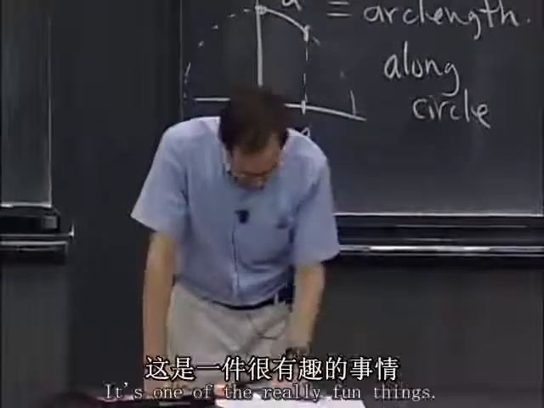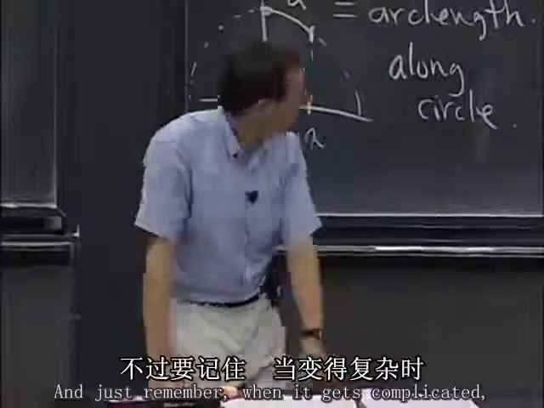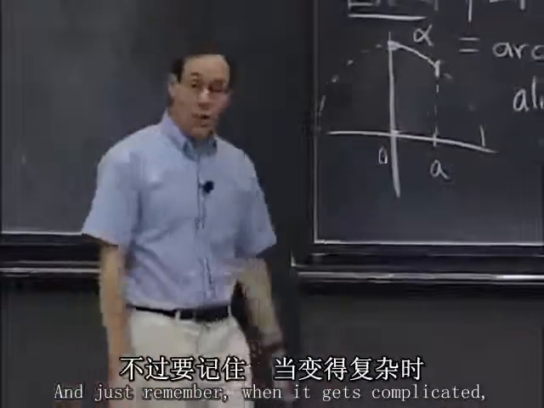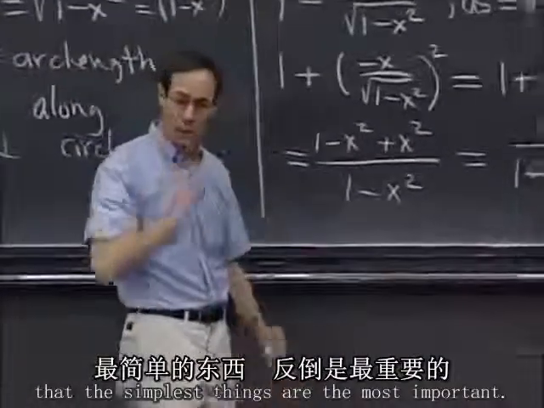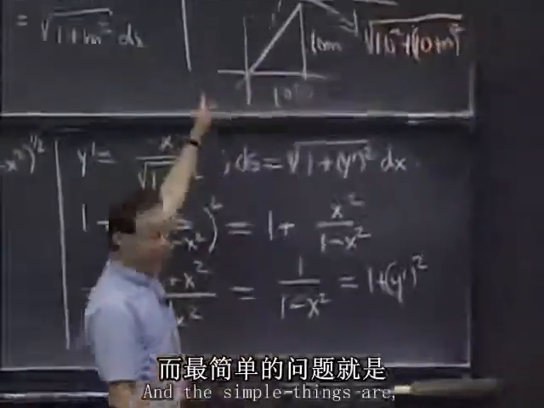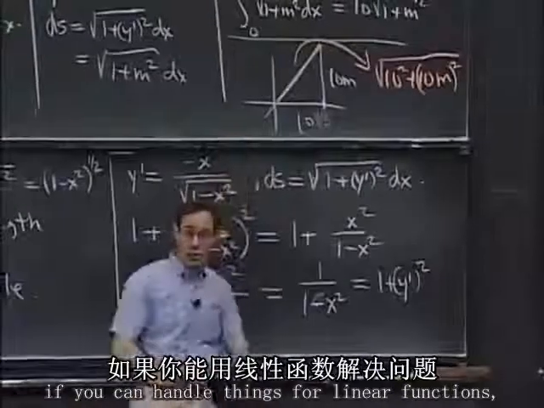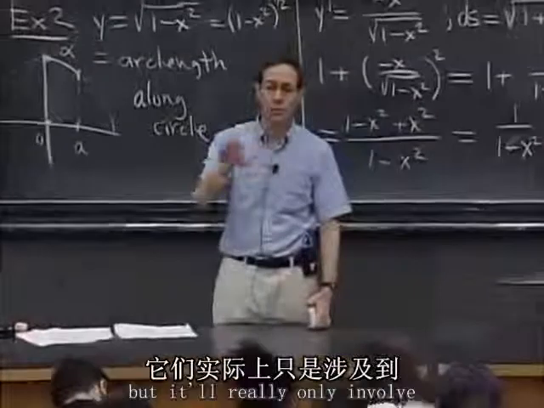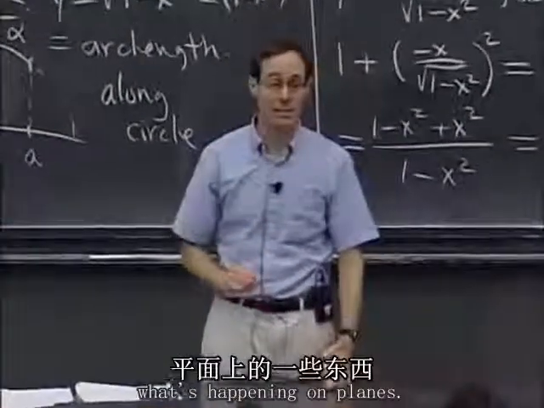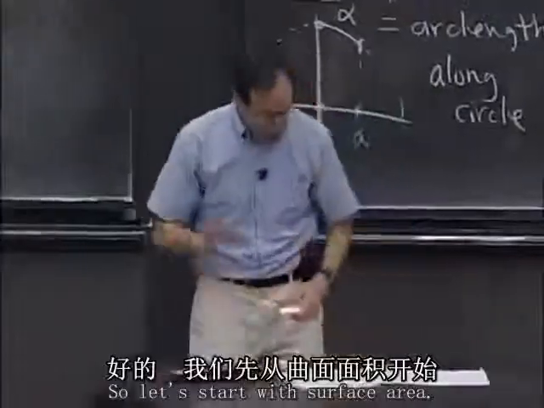It's one of the really fun things. And just remember, when it gets complicated, that the simplest things are the most important. And the simple things are, if you can handle things for linear functions, you know all the rest. So there's going to be some complicated stuff, but it'll really only involve what's happening on planes. So let's start with surface area.